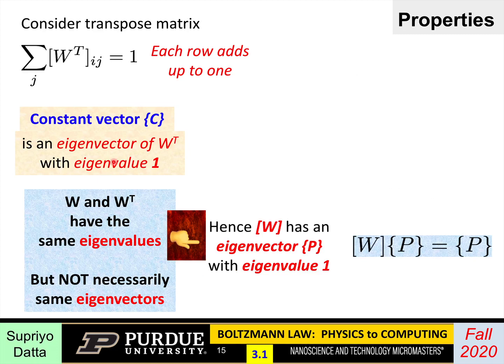And so we can deduce that since W transpose has eigenvalue 1 and eigenvector C, W must also have an eigenvector, not necessarily C, we'll call it P, but the eigenvalue is 1. So W times P is equal to P.